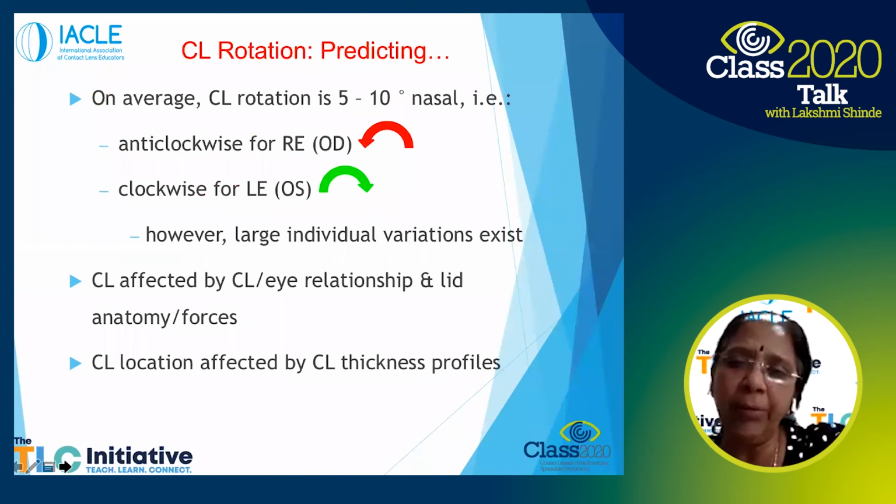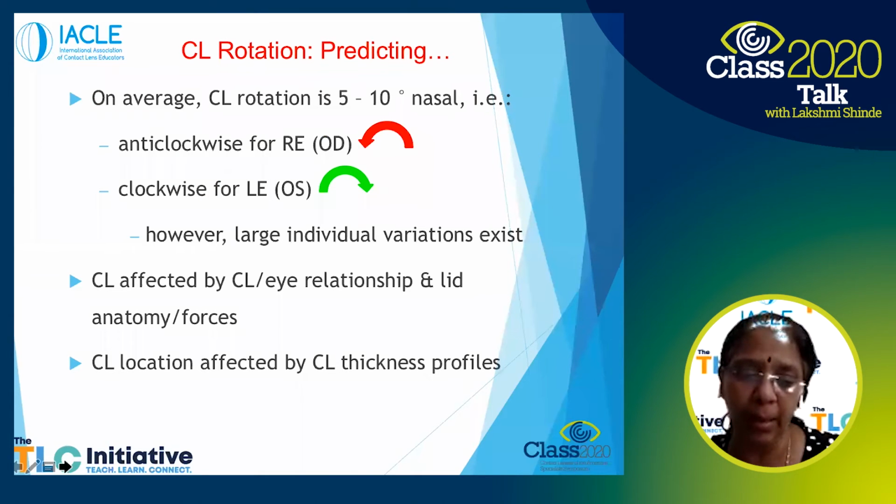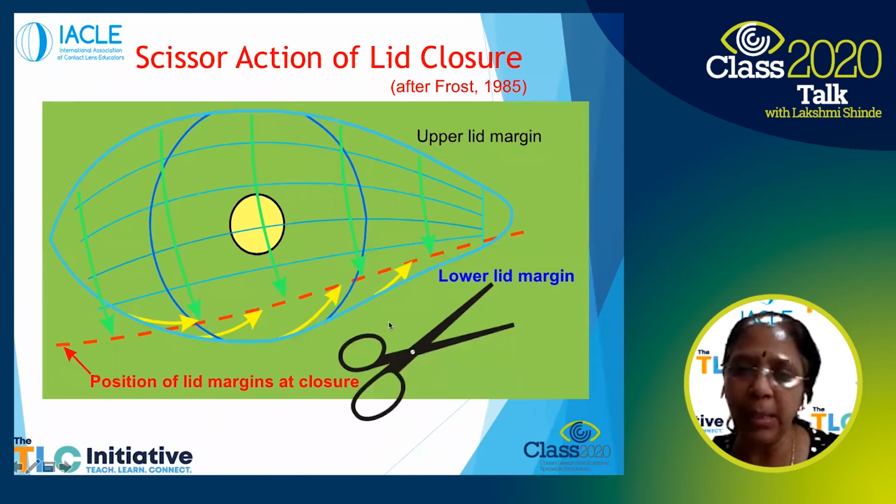One additional very interesting point that I would like to highlight is that when you look at lids and the way we blink normally, the anatomy of the eye is such that when you blink, this is with respect to the right eye of the patient, from a practitioner's point of view, whenever the lids blink, it tends to put a force towards the nasal side.